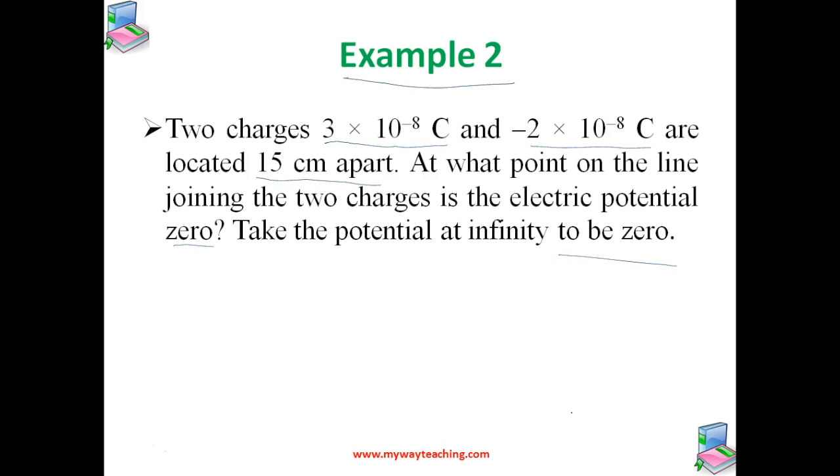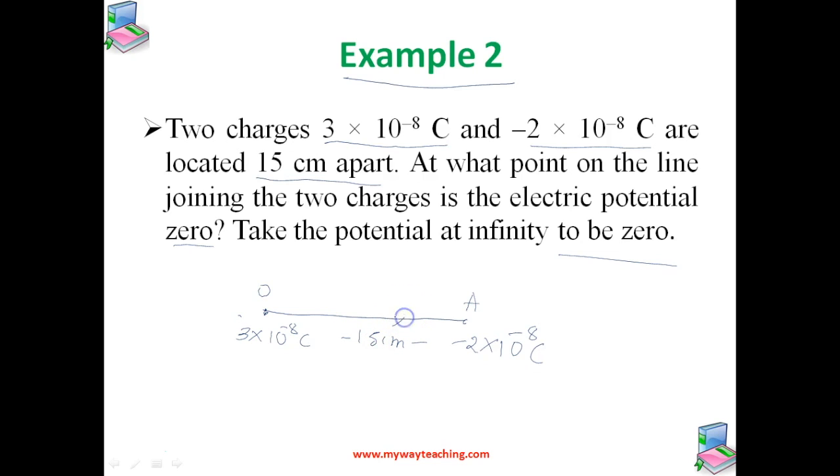Let us say this is the line they are talking about. And here at this point we'll consider it as O, the charge 3 into 10 raised to minus 8 coulomb, and here it is A, where they're saying minus 2 into 10 raised to minus 8 coulomb, and these two are 15 centimeter apart.